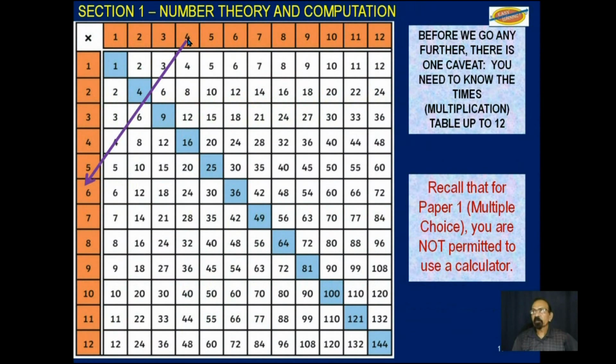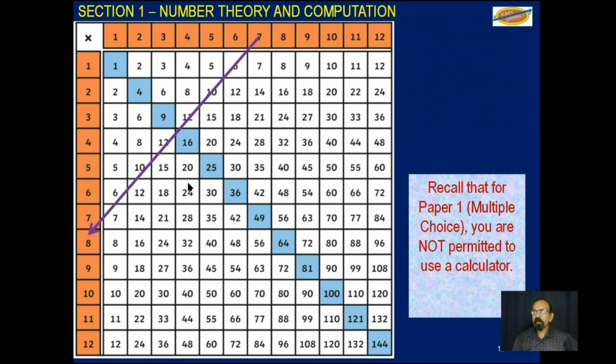For example, 4 multiplied by 6 is equal to what? 24. And then 7 multiplied by 8 is equal to what? You come across under the 7, and you get 56. And so on. 9 times 8 is equal to what? 72. Or 9 into 36.